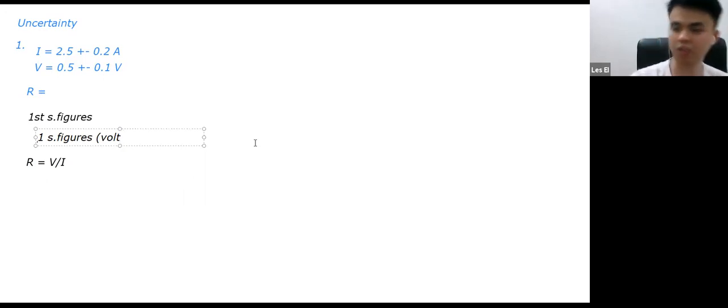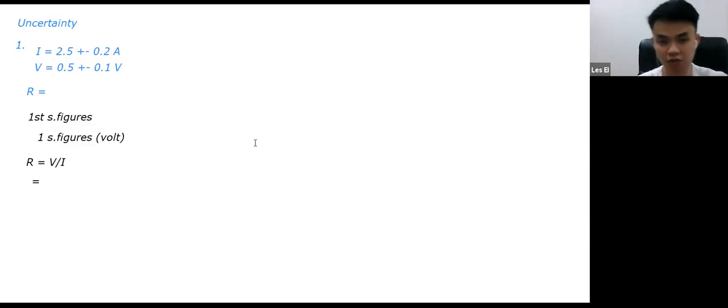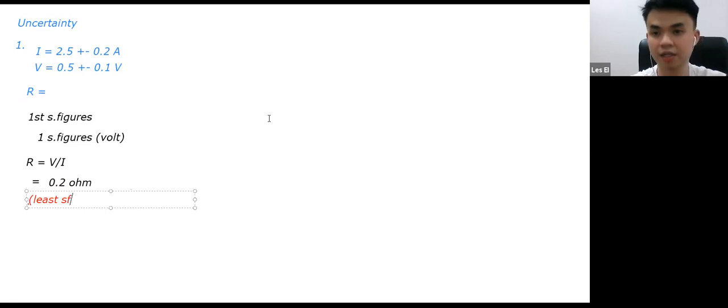So here, you have 0.5 divided by 2.5. So the answer is 0.2 ohm. However, the rule states that you have to follow the least significant figure, right? So it's fine, you have one significant figure.